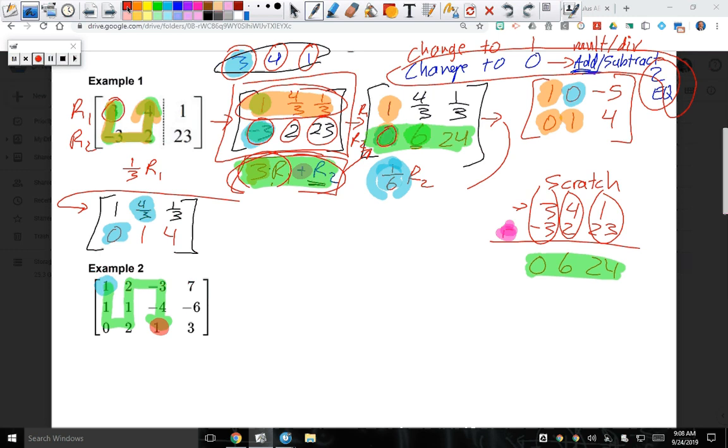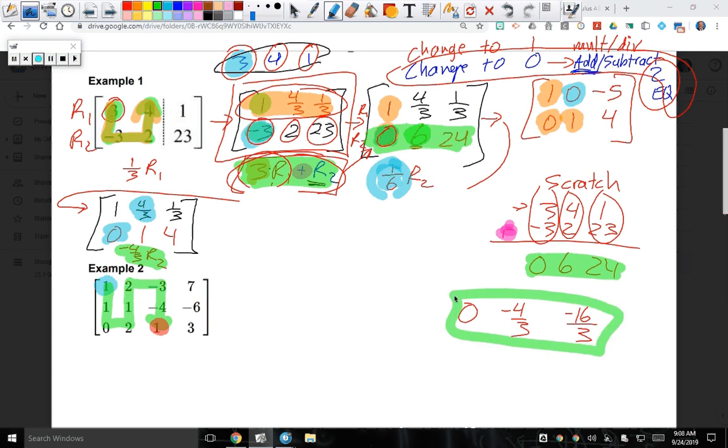Okay, here we go. Slow down. -4/3 row 2. Let's do the scratch work as we go, okay? So -4/3 row 2 is this. It's 0 times -4/3, 1 times -4/3, and 4 times -4/3. So right now, this right here that Aiden just said that we should do is here. That's my scratch work.